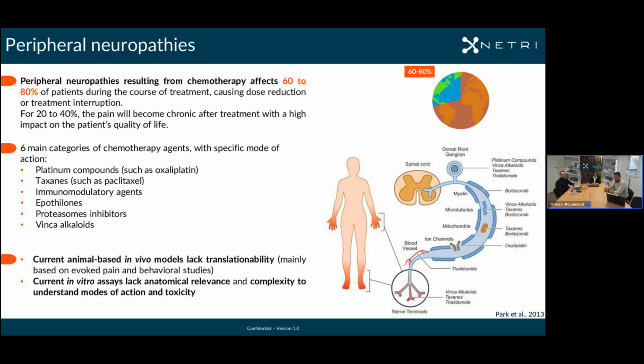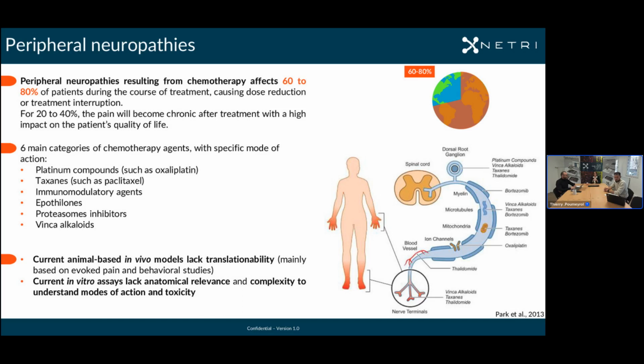quality of life. There are 6 main categories of chemotherapy agents that can induce peripheral neuropathies, and they have specific modes of action. So, for example, platinum compounds such as oxaliplatin will have a main mode of action on DNA, binding DNA, but they can also affect ion channels.